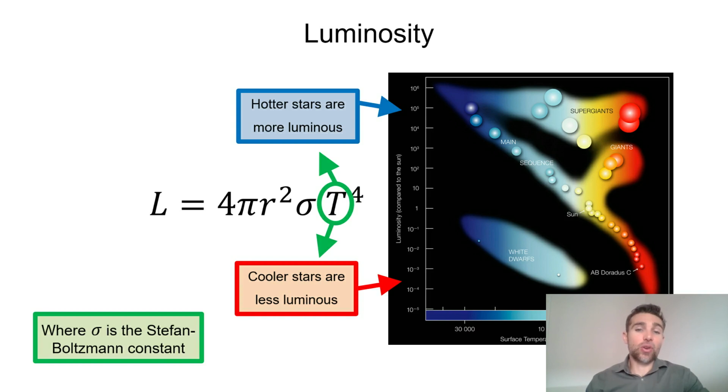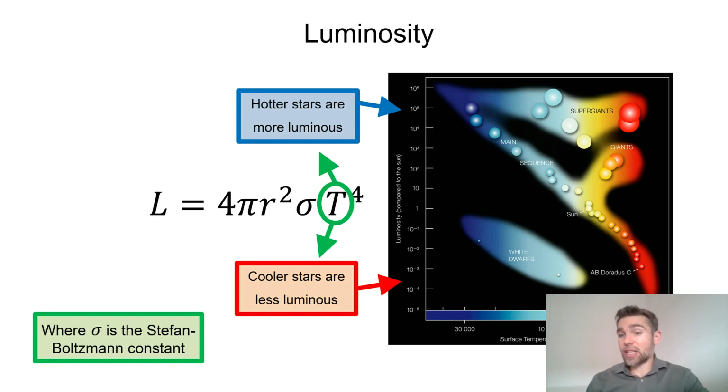And if we actually include temperature there, so if we actually had the same size stars, so if they were the same size but they were different temperatures, then the cooler one would be less luminous. So hotter stars are going to be more luminous, cooler stars are going to be less luminous. And actually this is going to be a much stronger response to the temperature than the radius because it's to the 4th power.